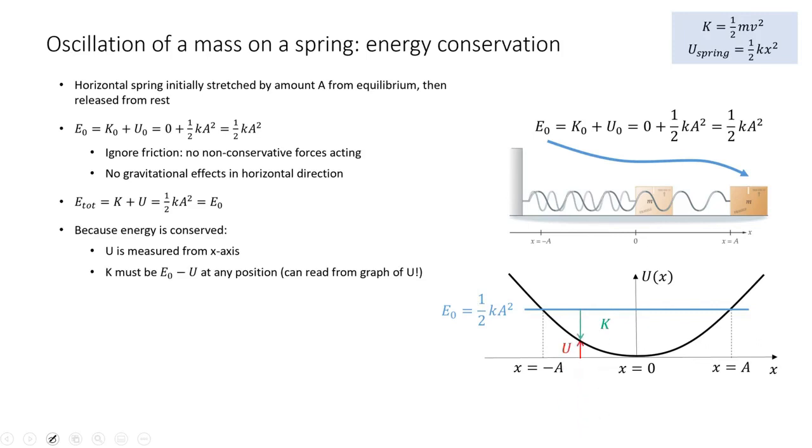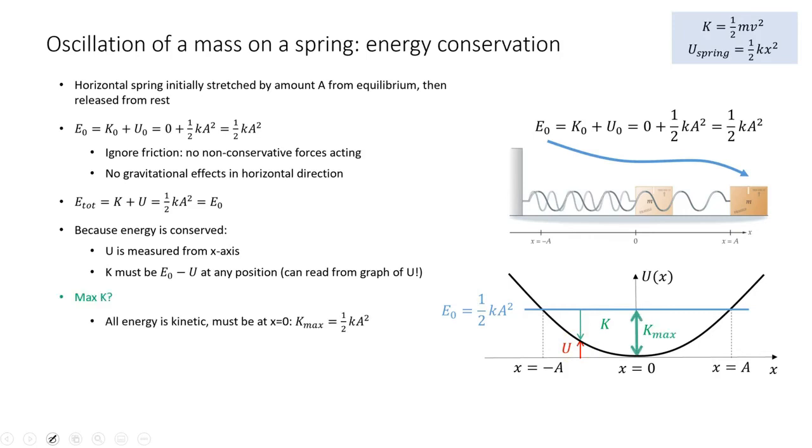All right, then because we know total mechanical energy is conserved, the sum of kinetic and potential energies at any time has to always be equal to that total value, 1/2 kA squared. And so what that means is that since U is measured from the x-axis up to the black curve, K is just the value from the blue line down to the black curve. So it's the difference between E naught and U. Okay, but it's nice to be able to read it off the graph.